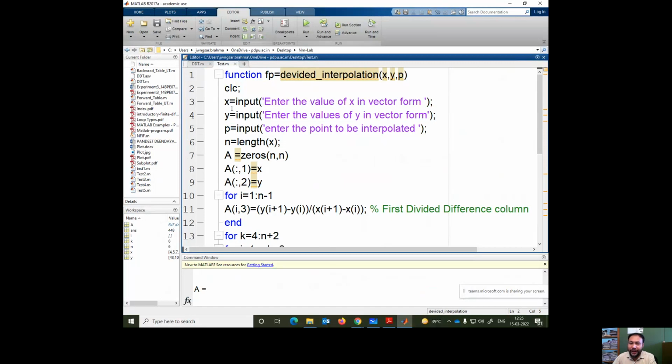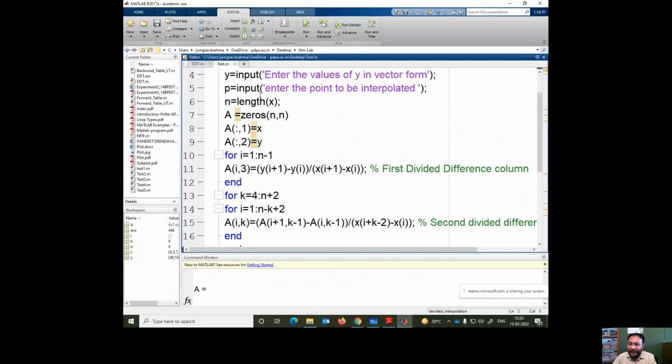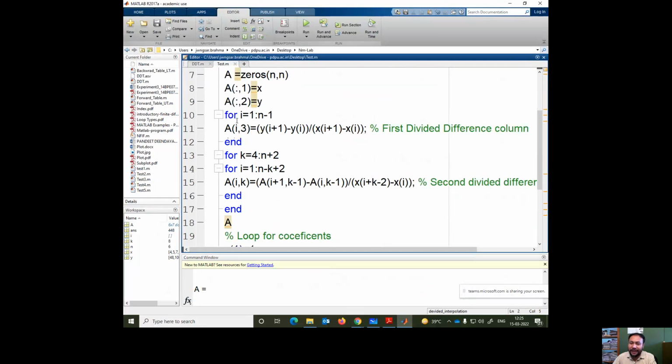So x input, enter the value of x in the vector form, enter the value of y in the vector form, enter the point to be interpolated, length of the point, then here a matrix which is a null matrix. This is the matrix A where the first column is the value of x and the second column is the value of y.